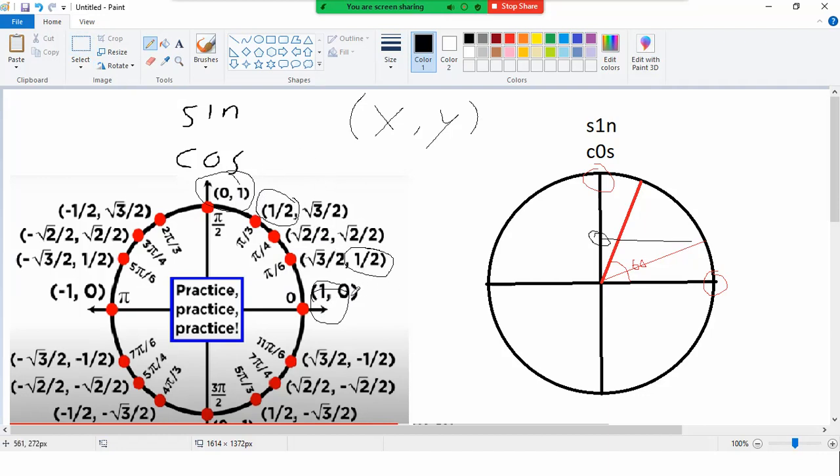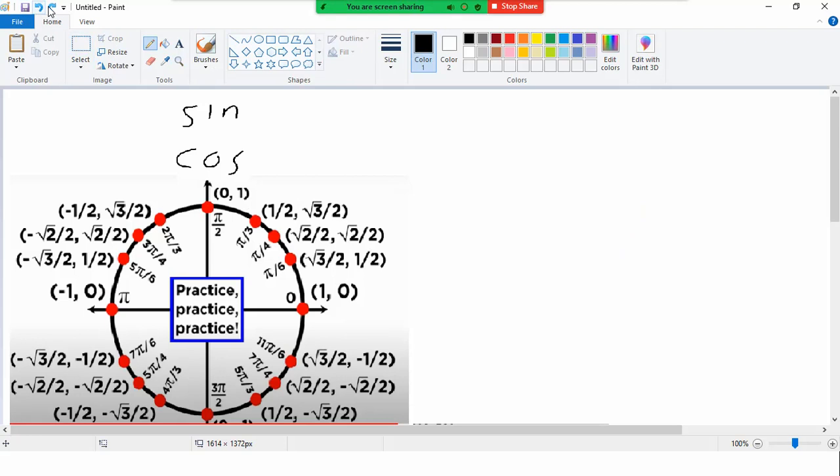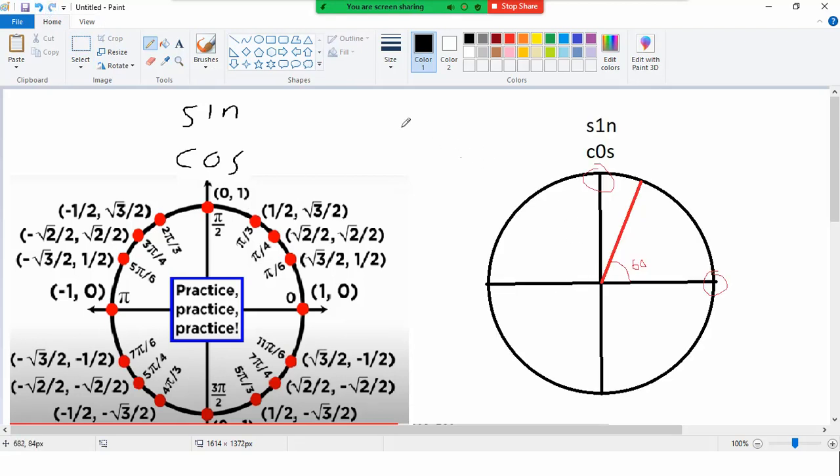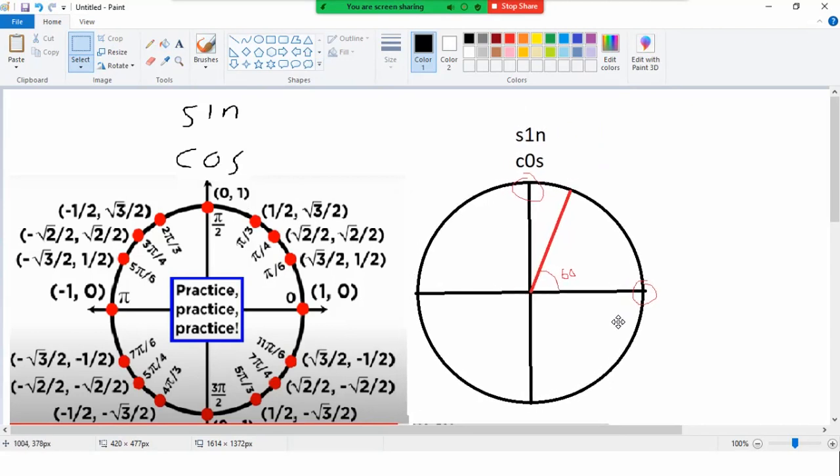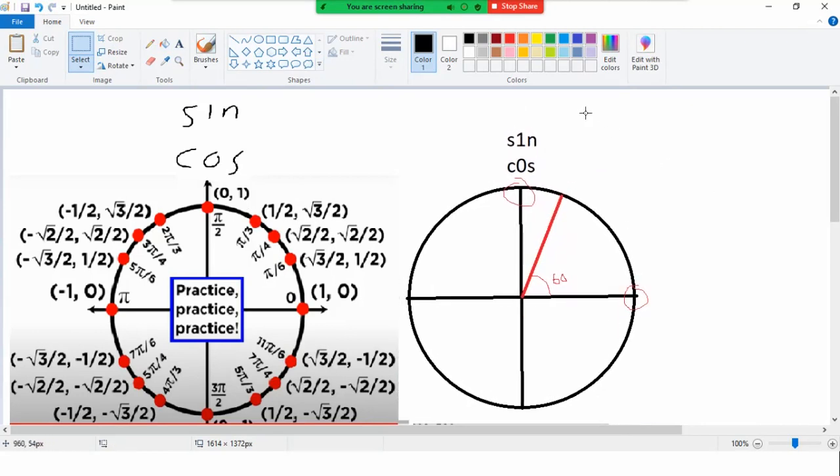All right, and then you have all these other numbers. Now, all the other numbers might seem confusing, so let me make that not confusing. Now let's do this. I'm going to draw this out so it's super easy to remember. I'm going to add some text.